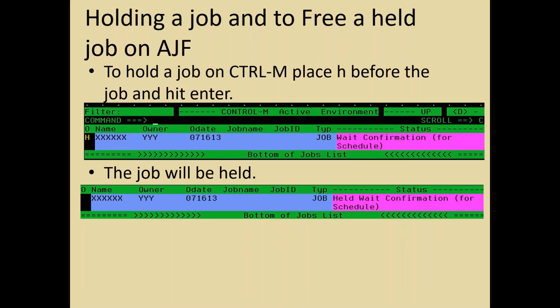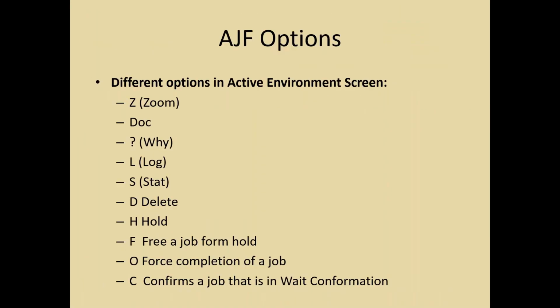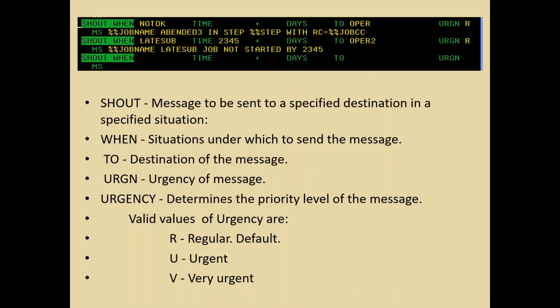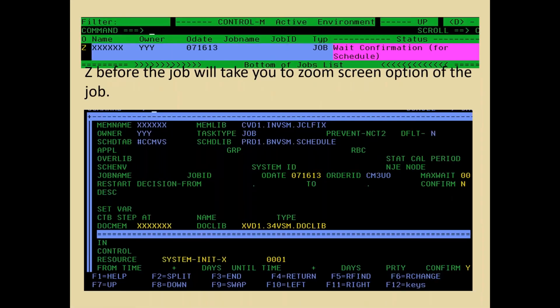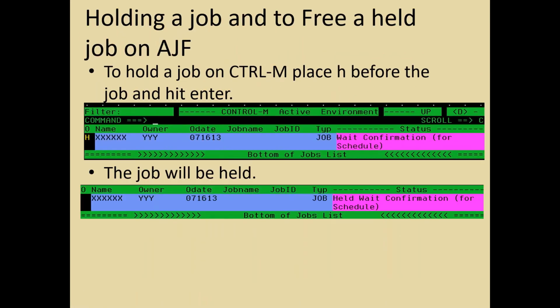Suppose I have held the job here in AJF. Now I will go to this screen, go to these parameters, and change all of them to whatever is required. After doing the changes, I will press F3 and come out of it.